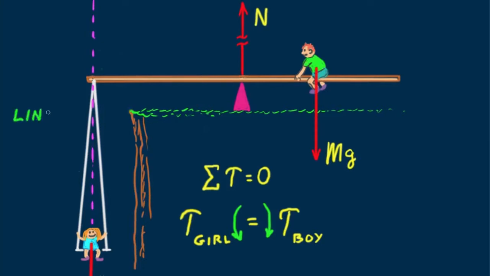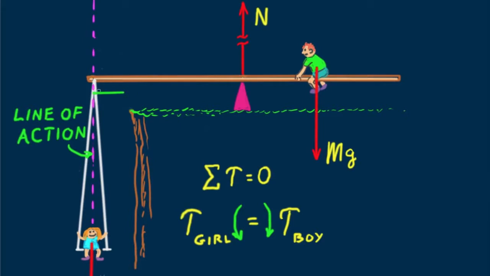We show the line of action with this purple dashed line. This imaginary line coincides with her weight vector and extends from far above the girl to the center of the earth. The distance between the left end of the seesaw and the fulcrum is the lever arm, always at 90 degrees to the line of action.